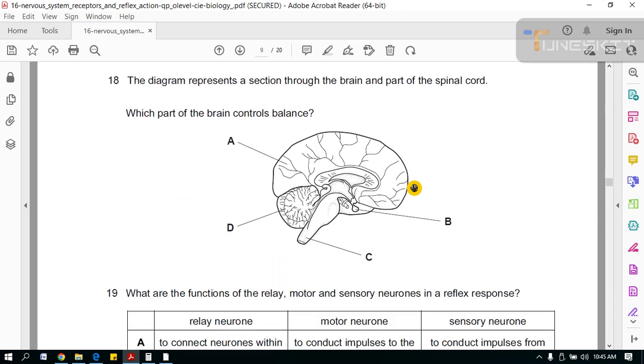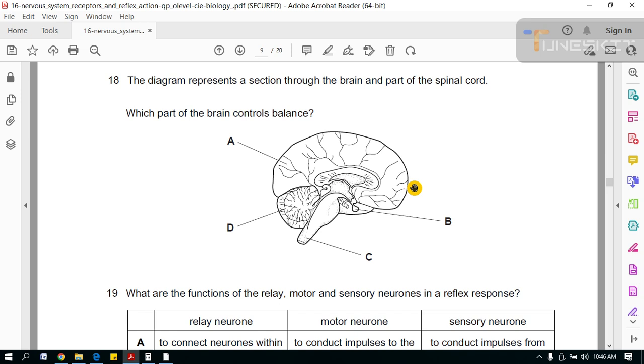Another question: the diagram represents a section through the brain and part of the spinal cord. Which part of the brain controls balance? A, B, C, D. Balance is always controlled by the cerebellum.